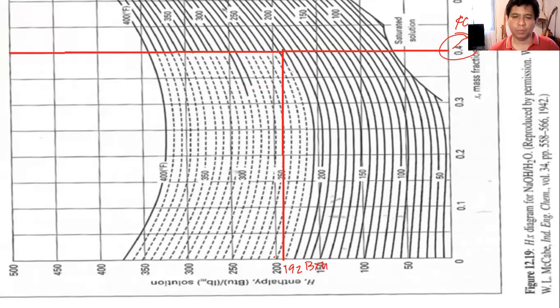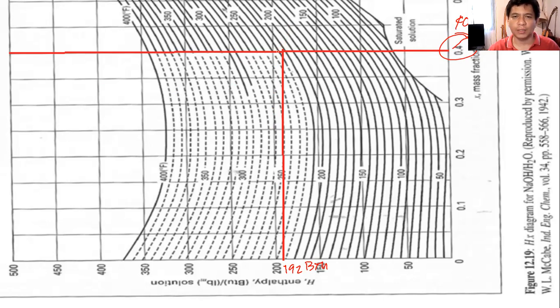It's between 200 and 150. If you want it more exact, you can use a ruler. Then you just draw a line starting from here toward the 40%. Now, if you read the temperature here, this is 200, and this is 210.